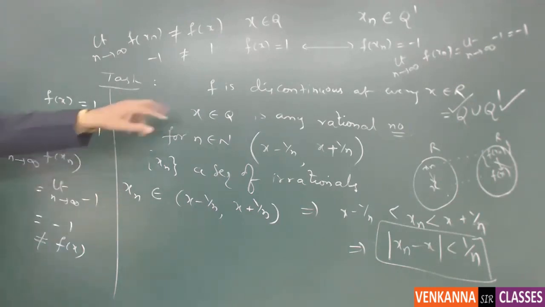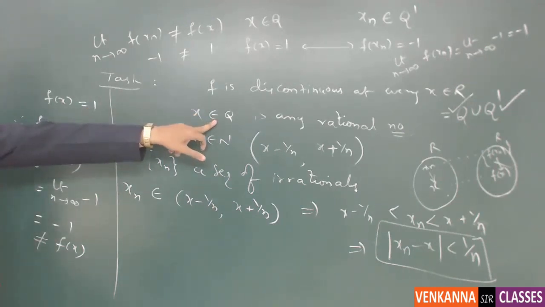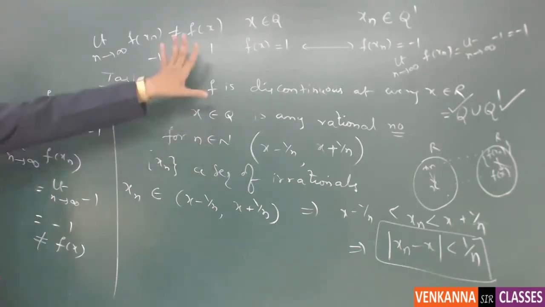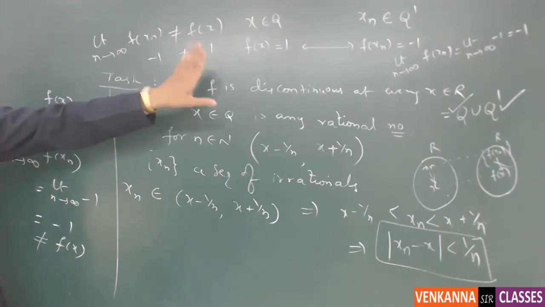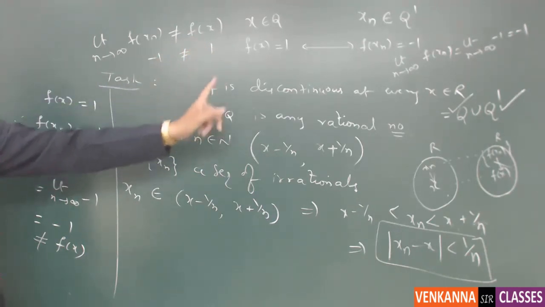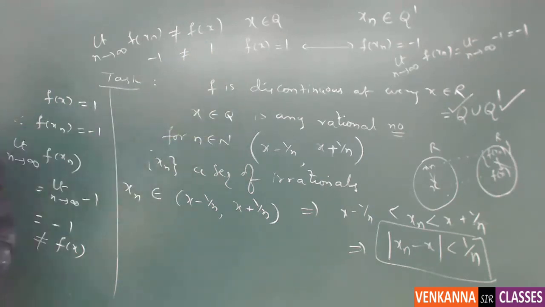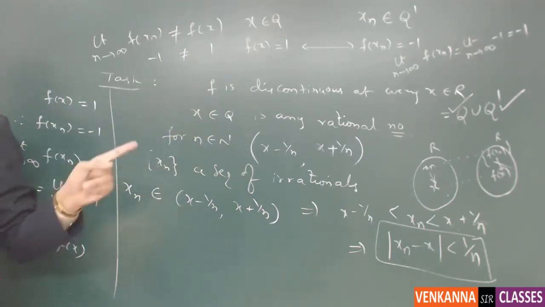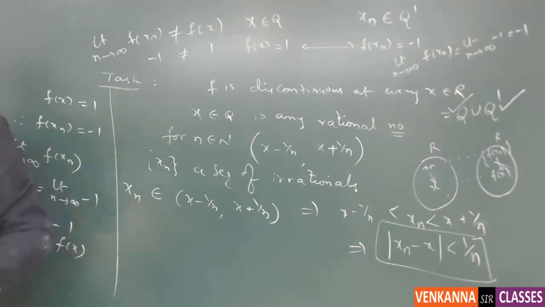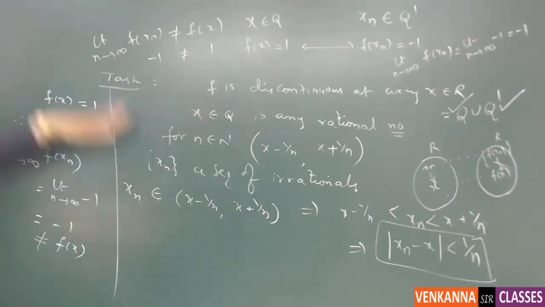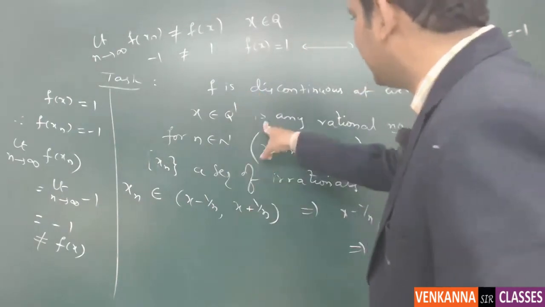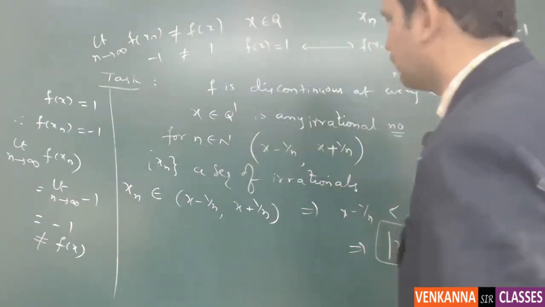So since you have taken that x is a rational number, from this part I have concluded that f is discontinuous at every rational number because x is rational. The other part is I have to prove that f is discontinuous at every irrational number. So the same steps will come. Let x belong to Q dash, any irrational number.